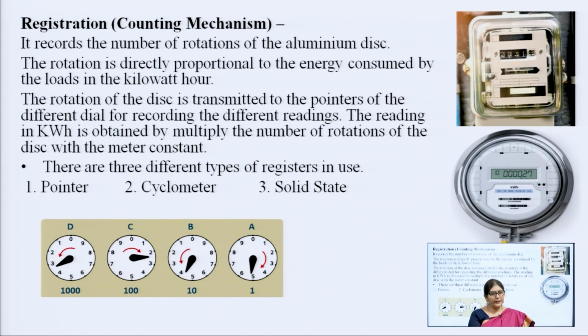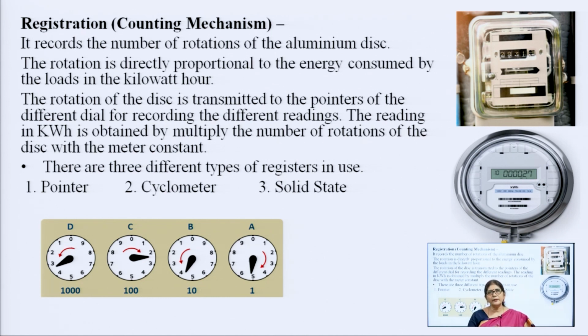Now, the important unit of this is the registration, or counting mechanism, or we can say the recording mechanism, because the energy meter records the total energy consumed till now, and it also records the maximum energy consumed at any time, and so many quantities are recorded in the meter.